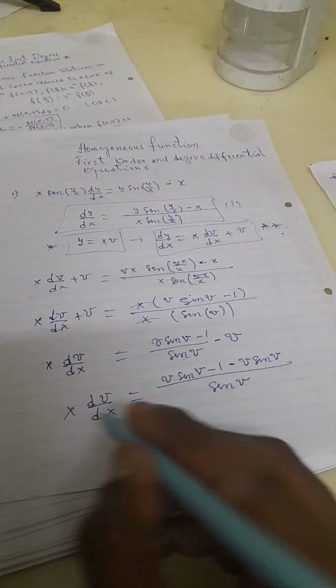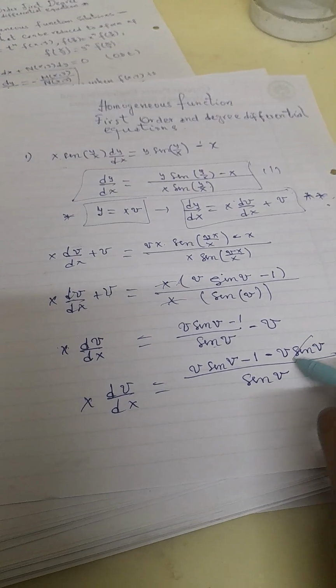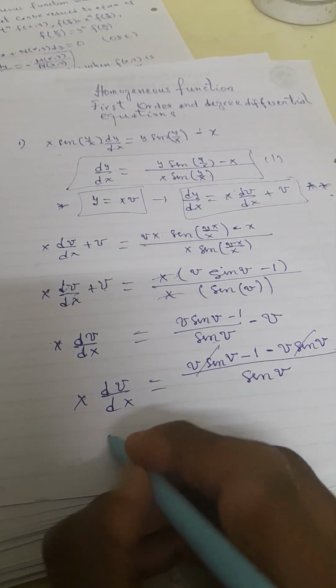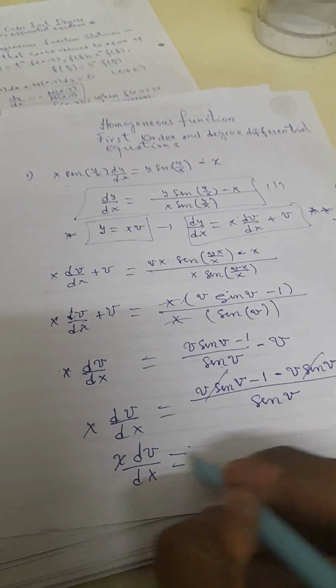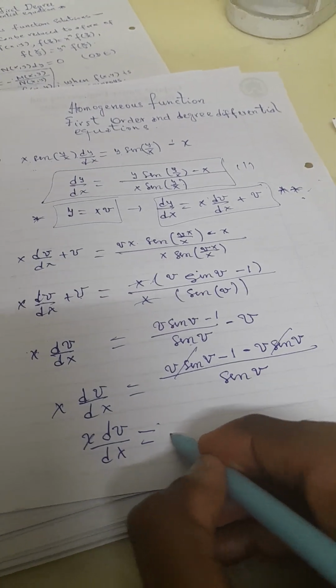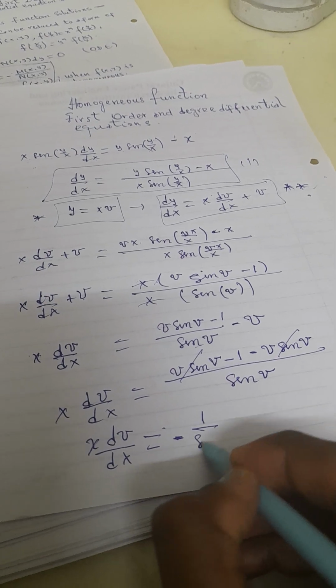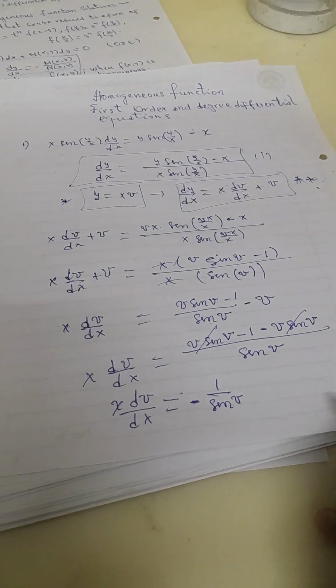Now that you found this, this term and this term will be cancelled out. You end with x dv dx is equal to minus 1 upon sin of v.